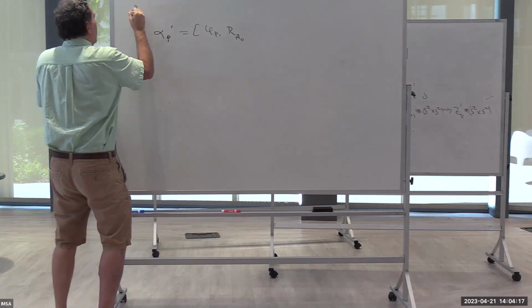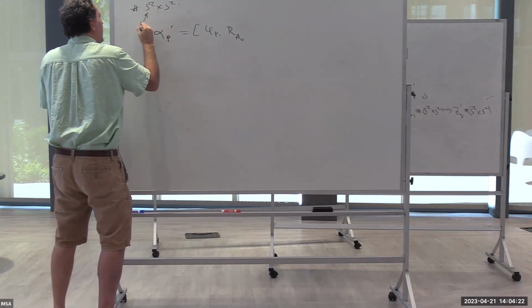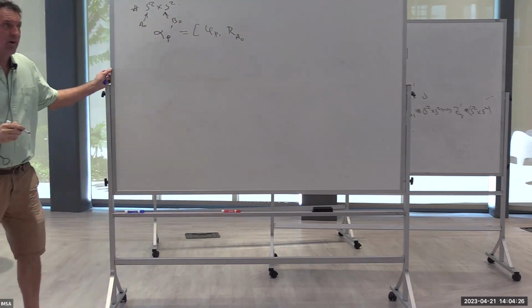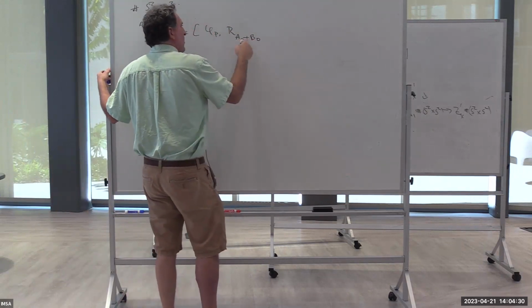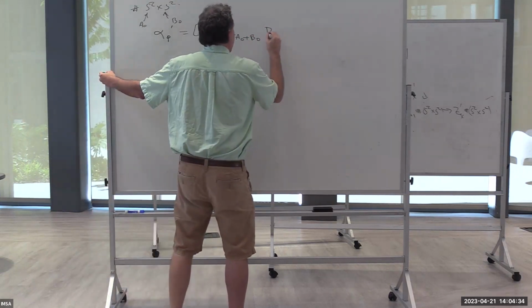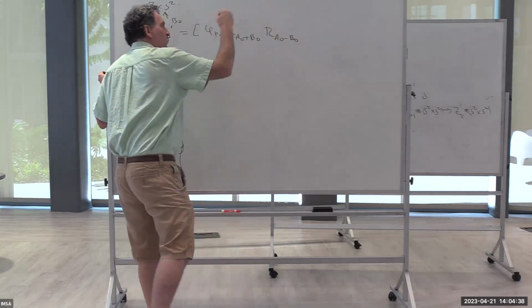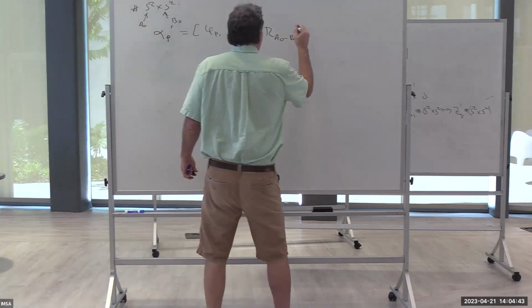In the final S2 times S2, I call this sphere the A0 sphere, and this one the B0 sphere. A0 plus B0 has square 2, and then A0 minus B0 has square negative 2. So those have our reflections.